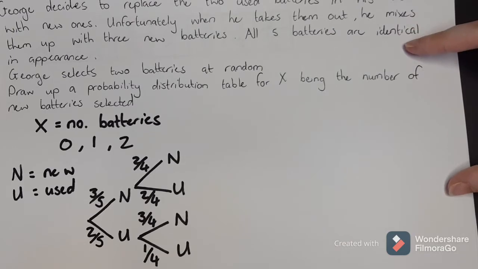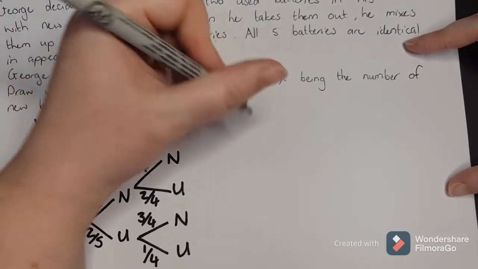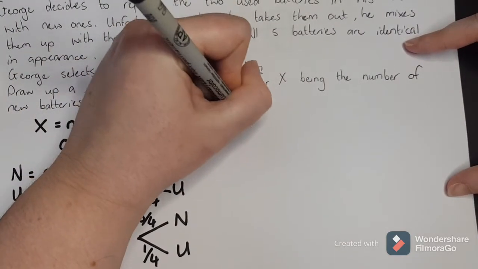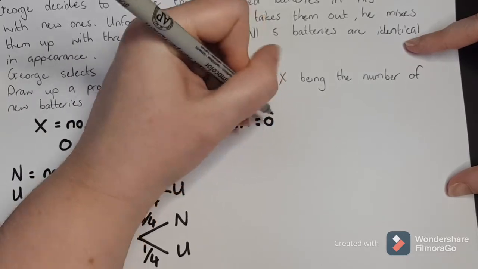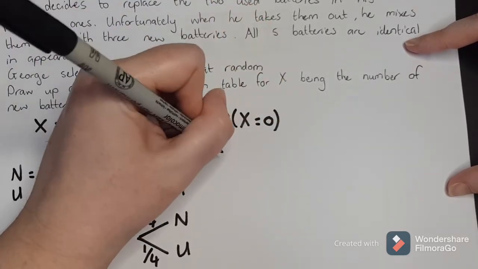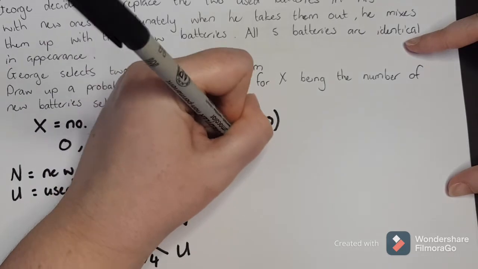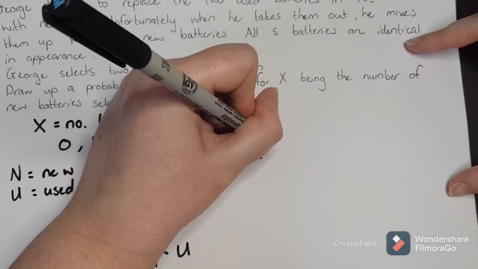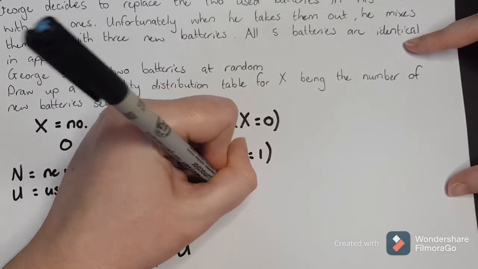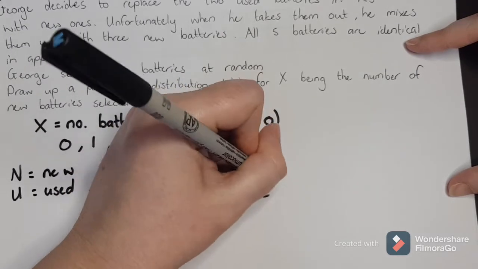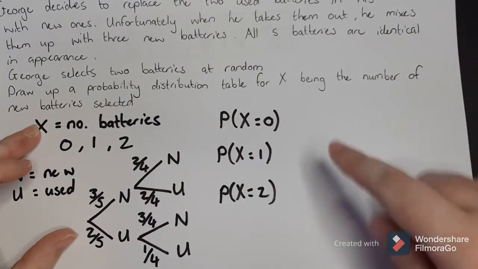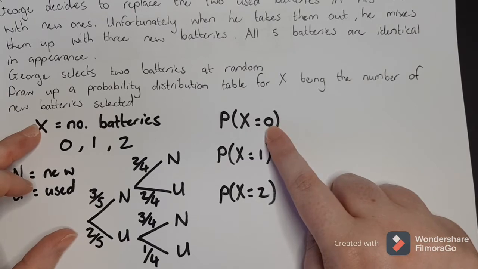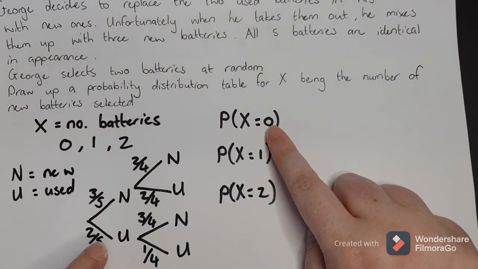And from that, we can then work out the probability for when X means no new batteries, the probability for when he has one new battery, and the probability for when he has 2 new batteries. So the first one, if he has no new batteries, that means he picked a used one and a used one.